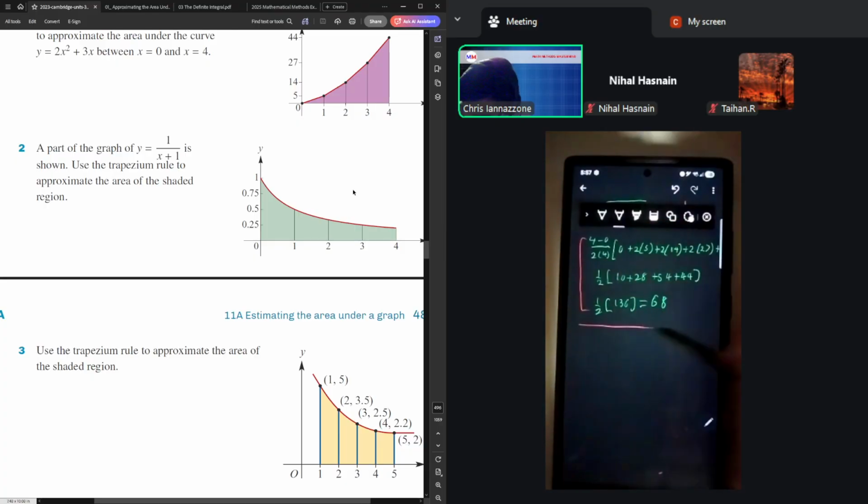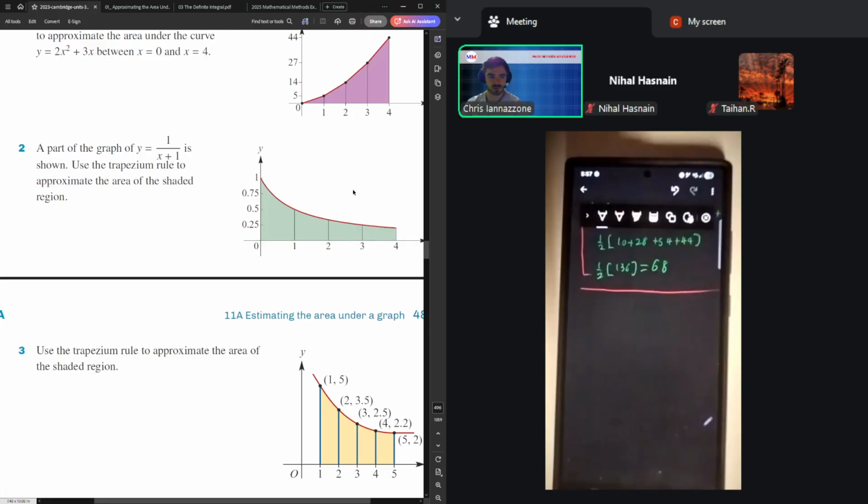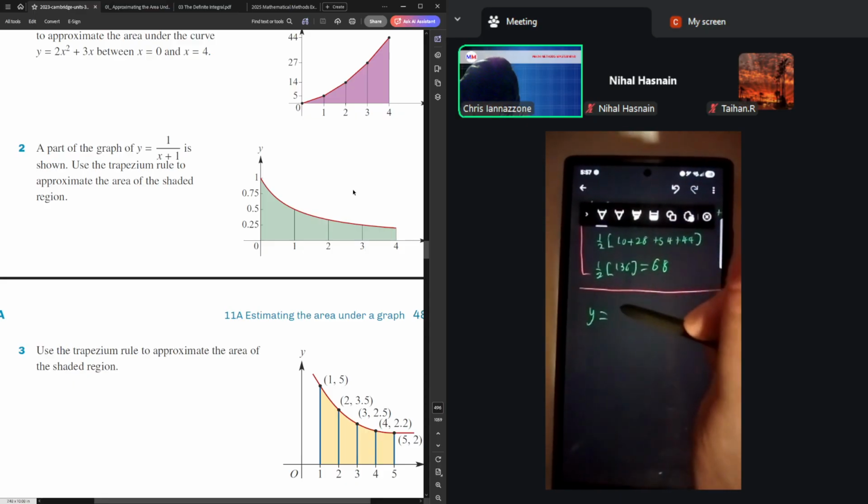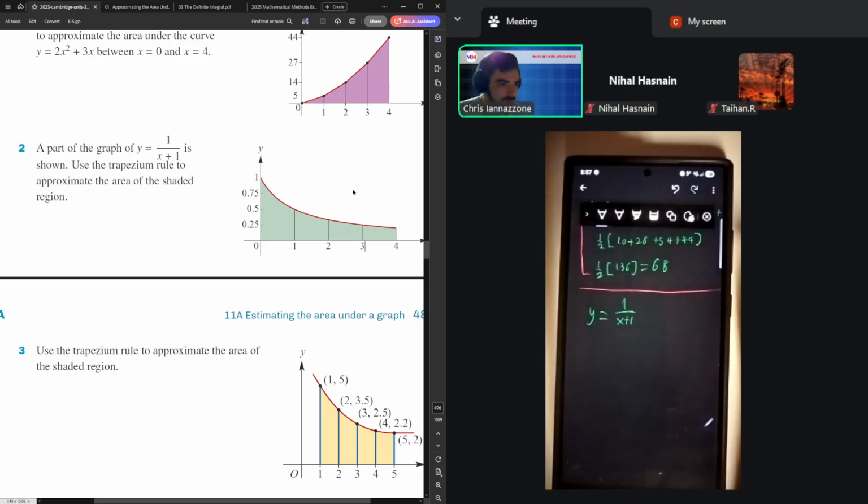Does anyone want to use any one particular method, whether you're adding up areas or the formula sheet? If you have any preference, let me know. Okay, I'll use the formula sheet one because it's slightly faster.